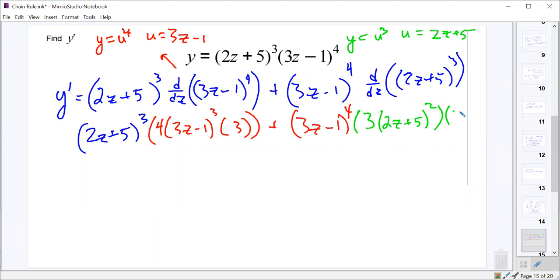Is it not cubed? Or is it squared? Squared. It was u cubed, right? So when we take the derivative of that, it's 3u squared. Okay, thanks. So 3u squared and then times the derivative of u. Oh, I get it. My bad.